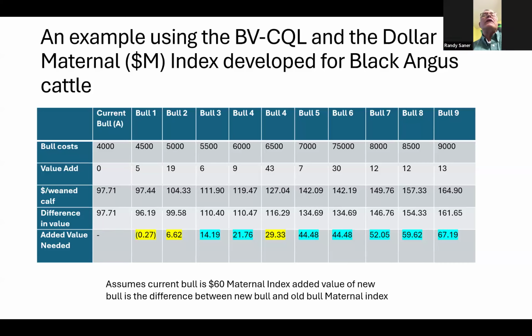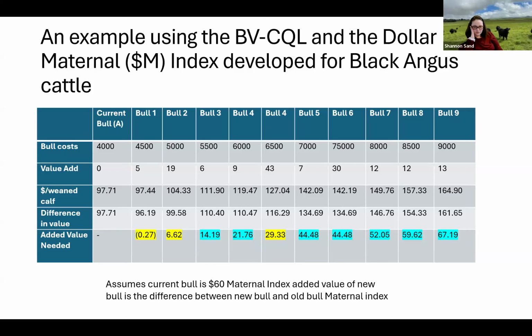So what you're saying is, and this is compared to bull A, right? Yes. Bull A is what I already have, and this is what it's costing me, dollar per weaned calf. The difference in value would be, okay, this $4,500 bull, I could buy that bull. He adds $5 to this maternal index, right?